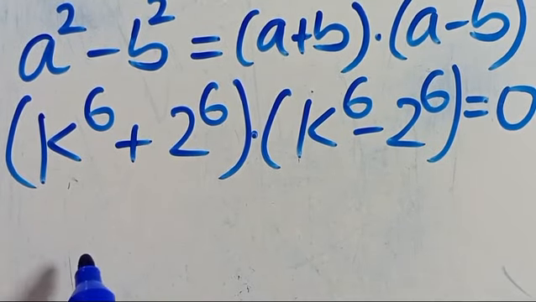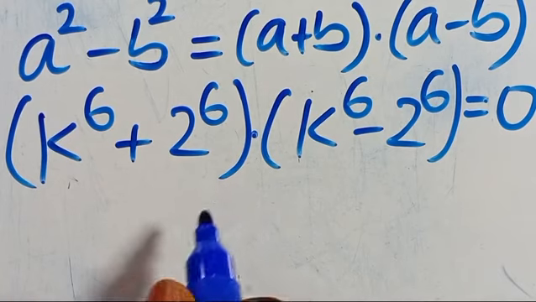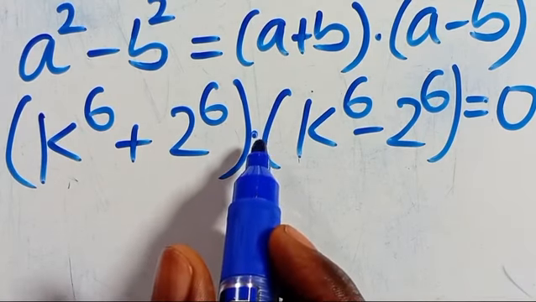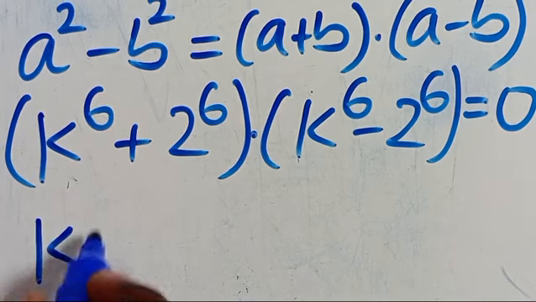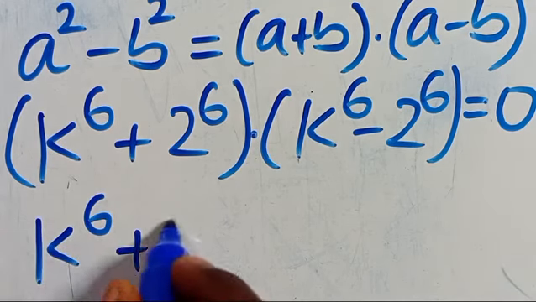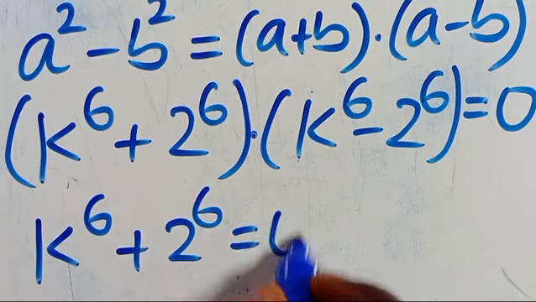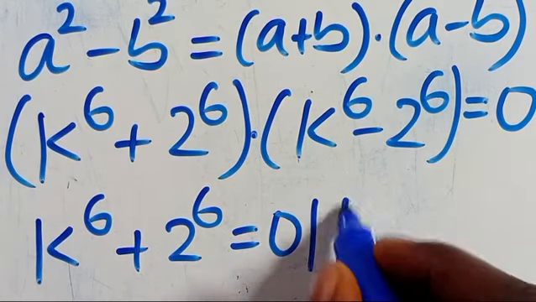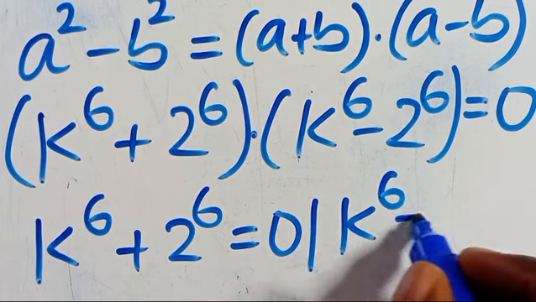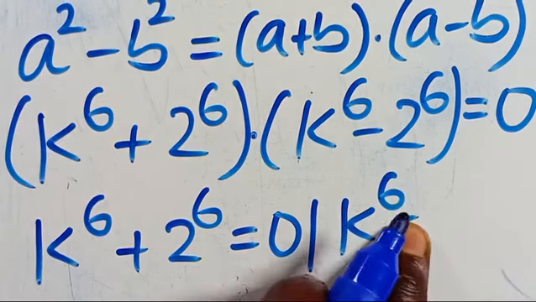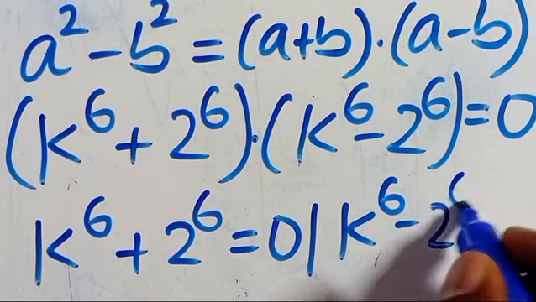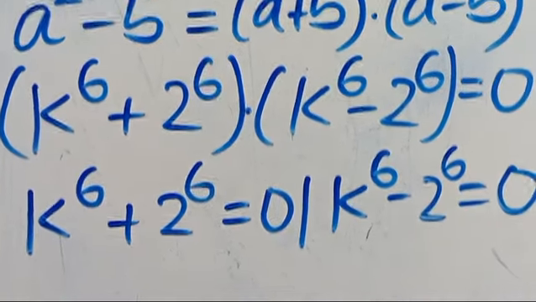Now, for this expression to be equal 0, because they are connected with products, either we have k to the power of 6 plus 2 to the power of 6 equals 0, or we have k to the power of 6 minus 2 to the power of 6 equals 0.